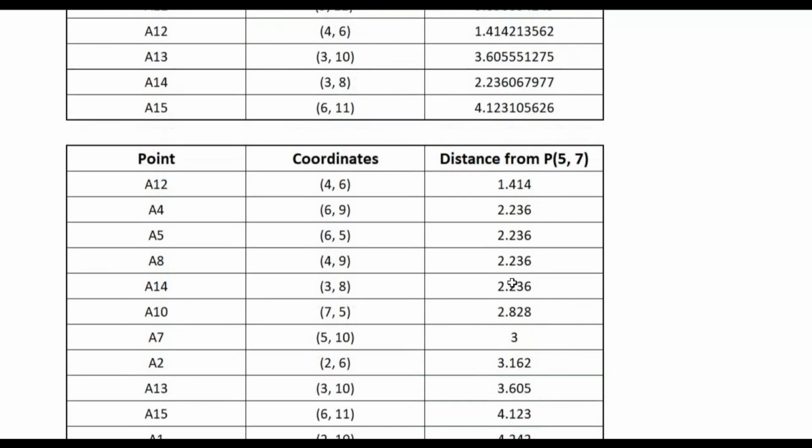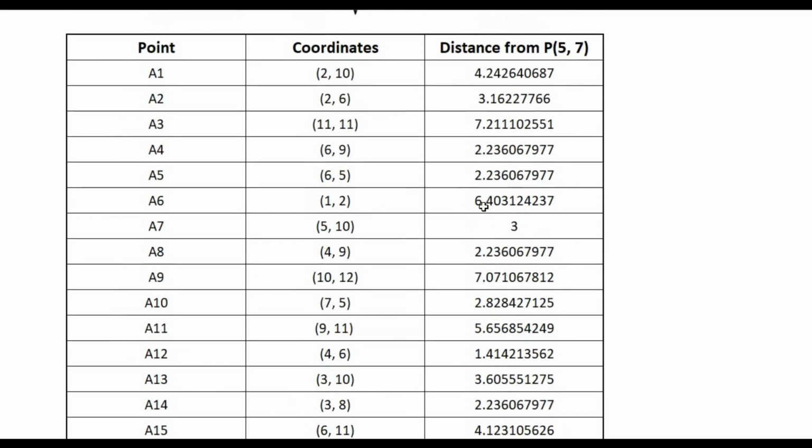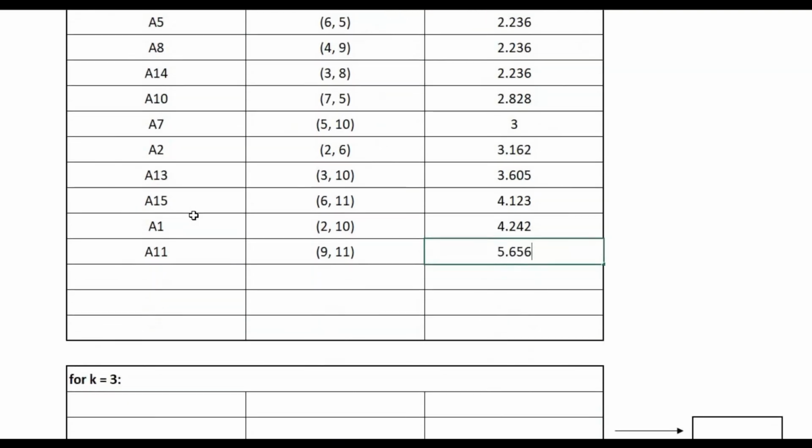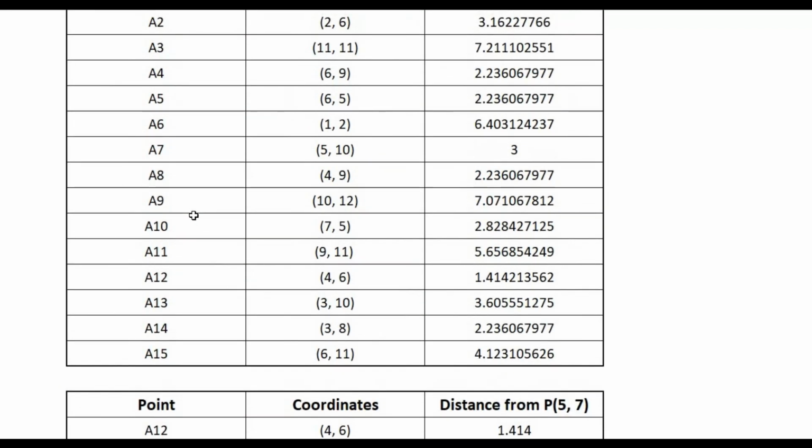Now the next value we have is 6.40, A6. The coordinates of A6 are 1, 2. So A6, 1, 2, 6.403.